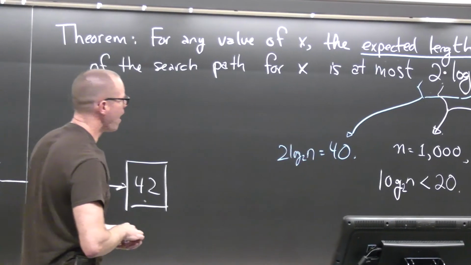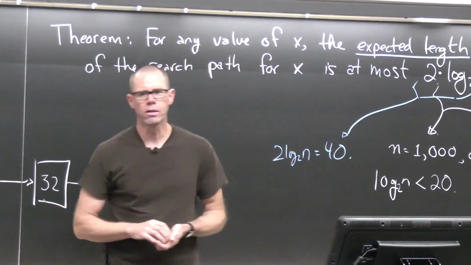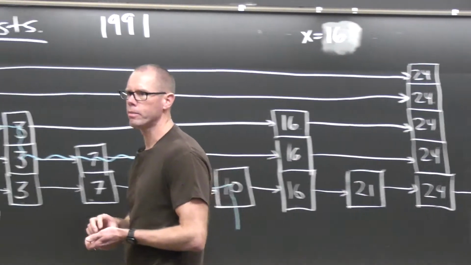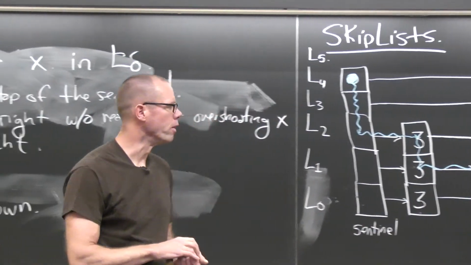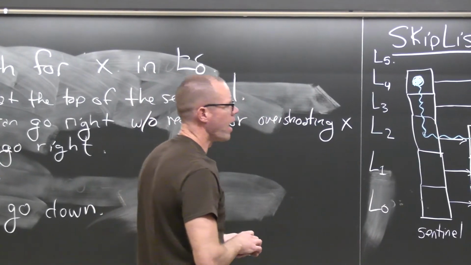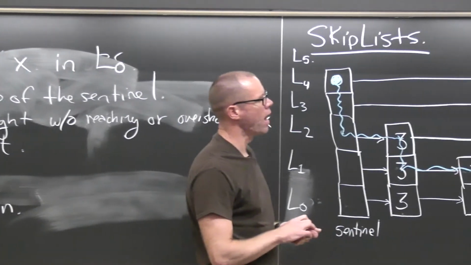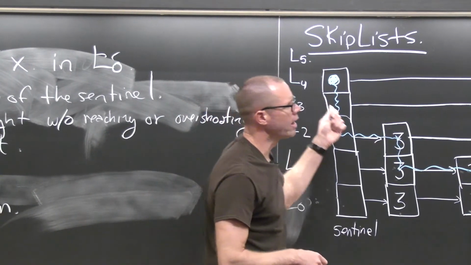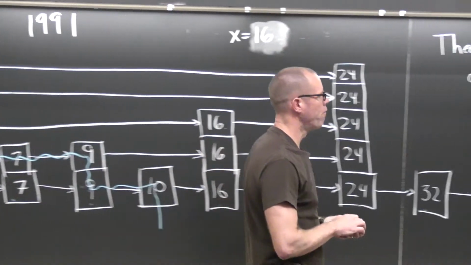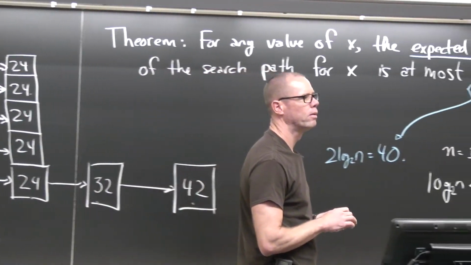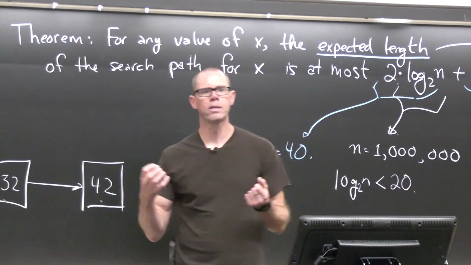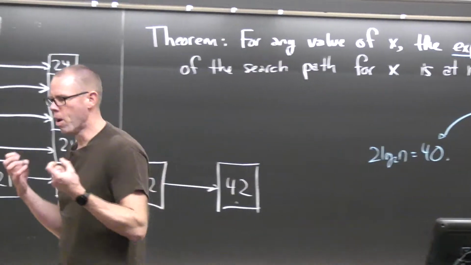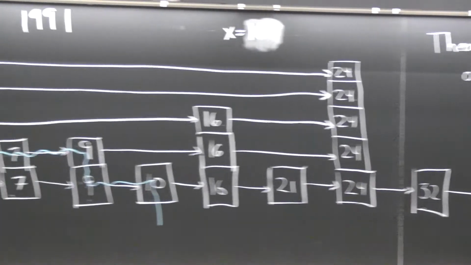And so if I have a skip list that contains 1,000,000 elements, so more than I would be able to draw on this board, and I ask how long is the search path for a particular element in that list, well, its expected length is not more than 42. Okay. So 1,000,000 things, I can get to any one of them in about 42 steps.